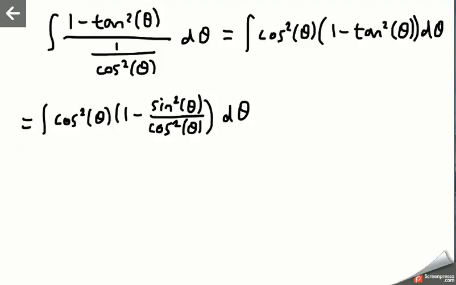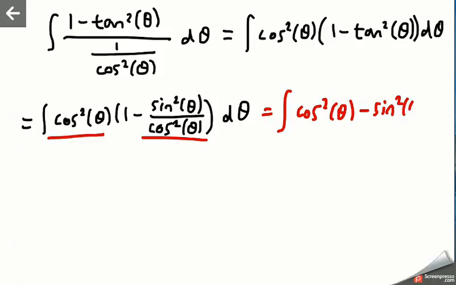When we multiply through by cosine of theta squared, these two are going to cancel, and we're just going to be left with the antiderivative of cosine of theta squared times 1 minus cosine of theta squared times sine of theta squared divided by cosine of theta squared. So as we said before, those will cancel, and we'll just be left with sine of theta squared d theta.